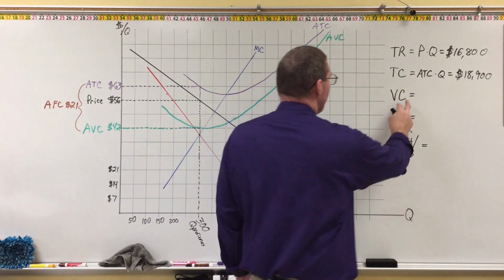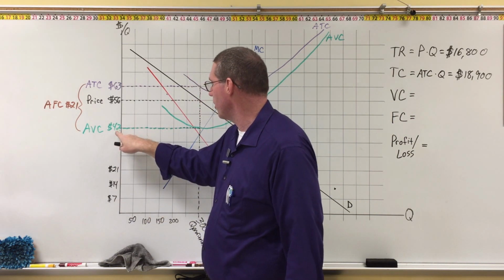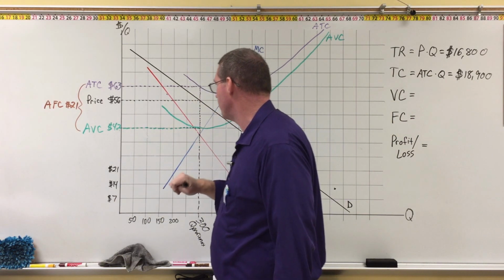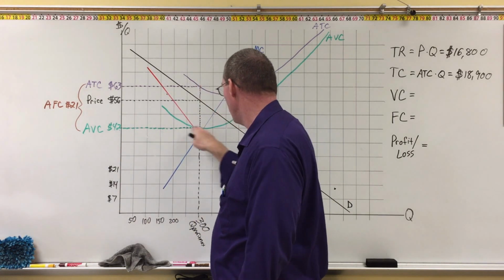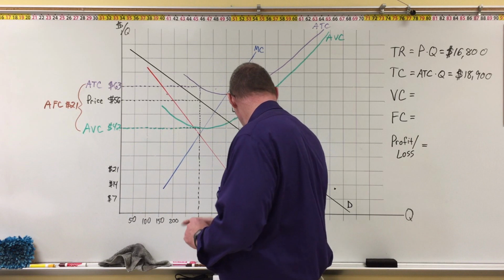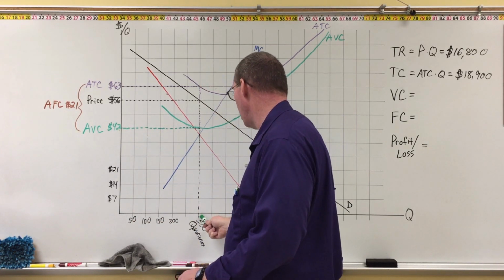Okay, now our variable cost. Variable cost is going to be the height of the average variable cost rectangle times the width of the average variable cost rectangle. That's this rectangle in here. That rectangle has a height of 42 and a base of 300.